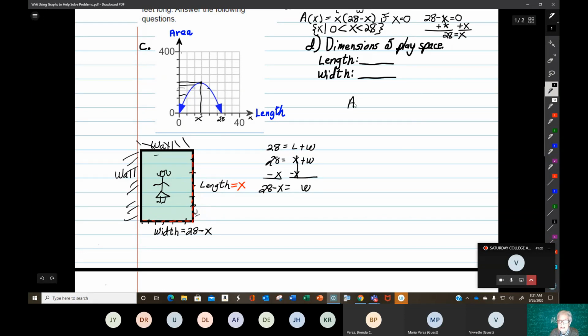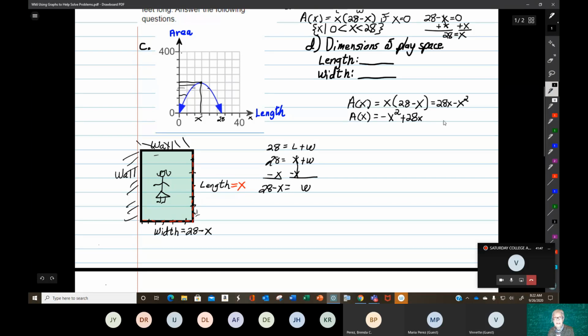We've got A of X, the area, equals X times 28 minus X. And if I distribute the X, we'll get 28X minus X squared. And then if I turn this around the right way, we'll have A of X equals negative X squared plus 28X.